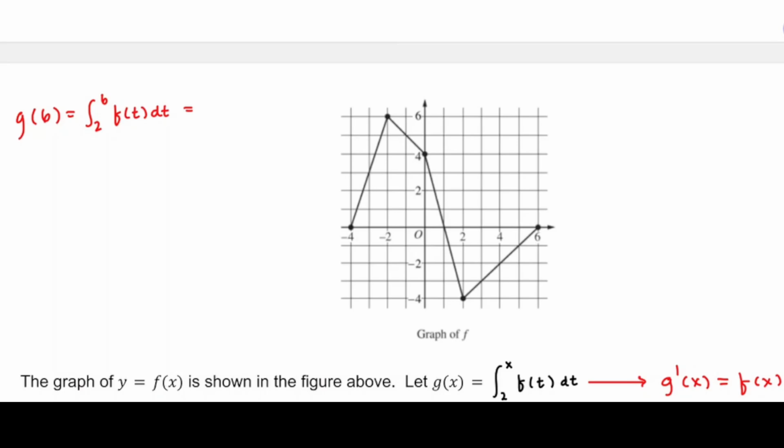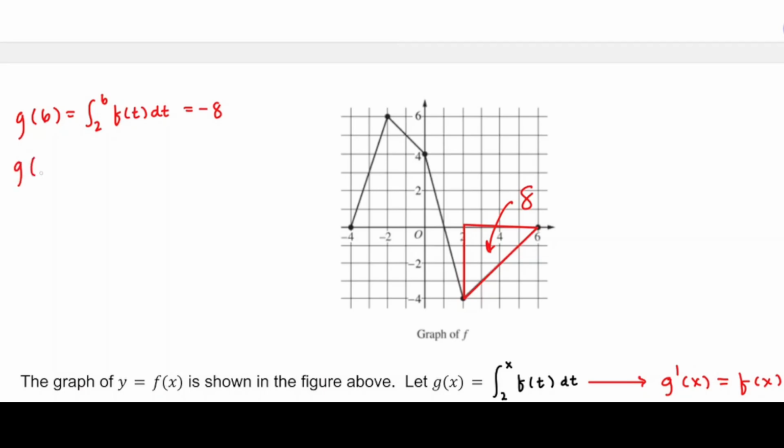From 2 to 6, that's going to be the area of this triangle, which had a width of 4 and a height of 4. Okay, so half of 16 is 8. We're below the x-axis, so that would be -8.